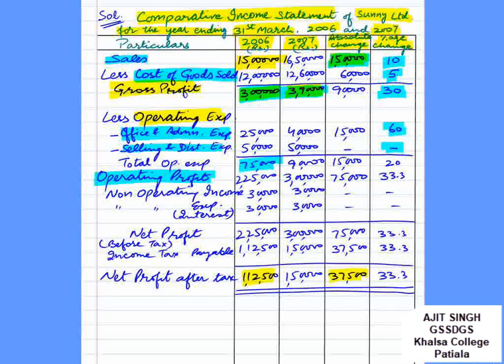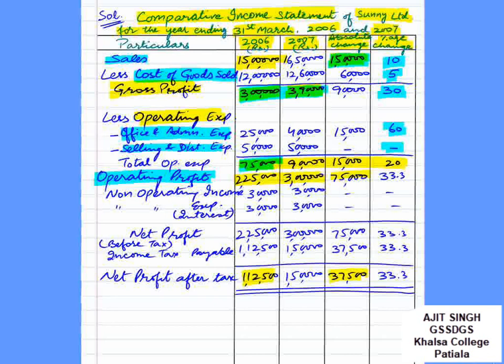So the firm should check its office and administrative expenses. In a nutshell, total operating expenses have been increased by 20%, and the firm is gaining on part of operating profit also. Operating profit has been increased from 2,25,000 in the year 2006 to 3 lakhs in the year 2007.